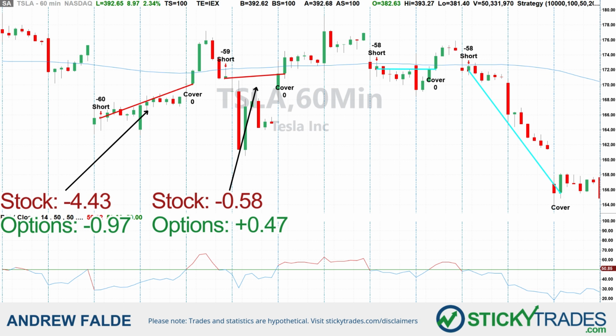On the second one, we have a nearly break-even trade, but technically a small loss. The signal itself, just trading the stock, would have lost 58 cents. And the options trade, it's not green just because it lost less. It didn't lose 47. You see the key there, it's a plus sign. The options trade makes money when the stock trade lost money.